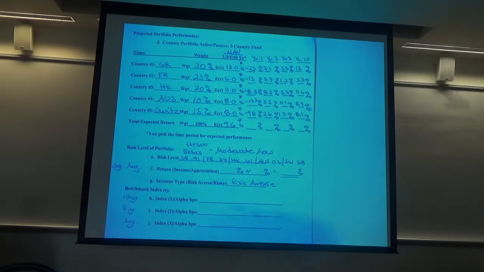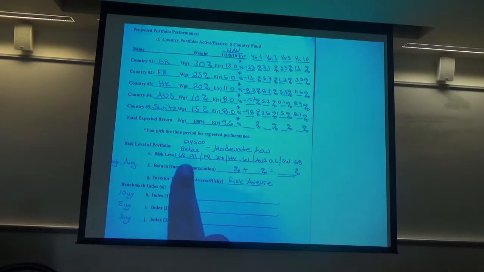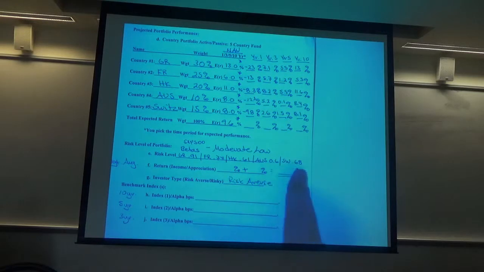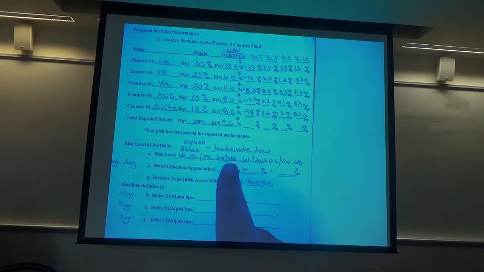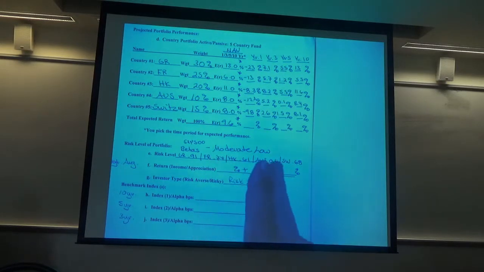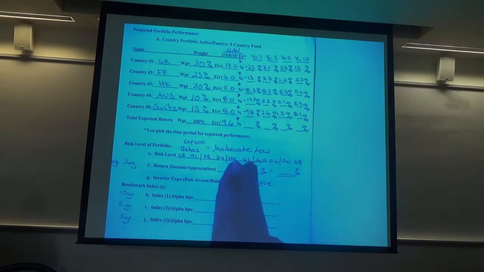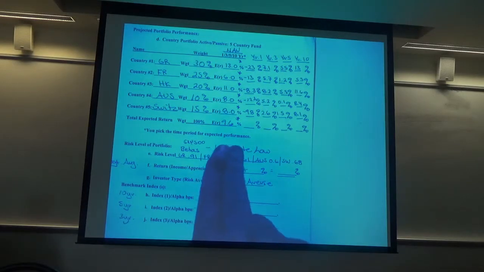So what I did was I basically put in the betas for each of the countries against the S&P 500, and basically came to the conclusion that the risk level in the portfolio was moderately low. It wasn't moderate, where it was a 1, and it wasn't moderately high, greater than 1, or high, significantly greater than 1.